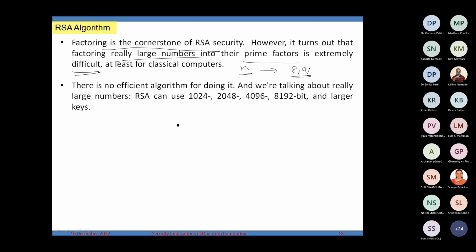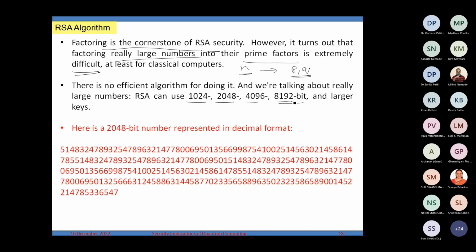Especially we are talking about keys of size, say, 1024 bit, 2048 bit, and more, the larger the keys. So it is impossible for the current generation systems. Just for your feel, you can look at a 2048 bit number represented in decimal format.